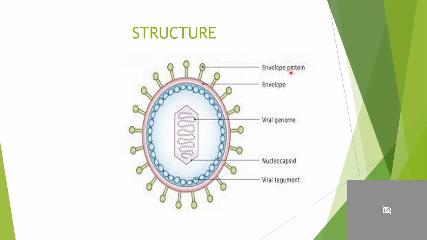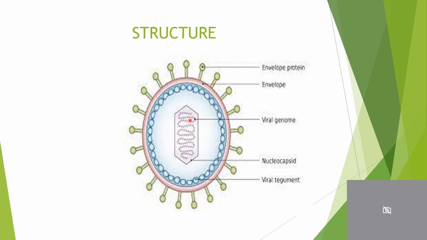After the envelope protein, we have a viral genome. The virus has a genome in the center and it is surrounded by a nucleocapsid, which is a covering made of nucleic acid around the genome, which could be DNA or RNA.